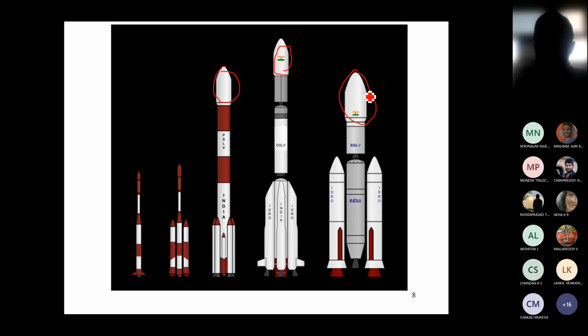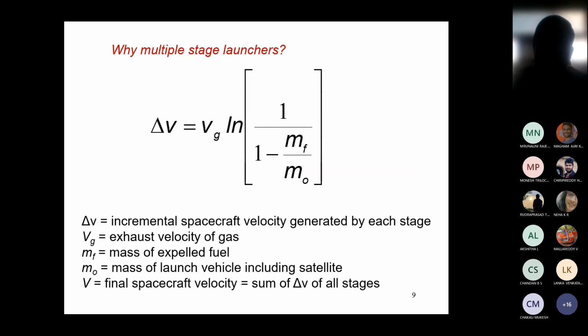So once the satellite is kept into the orbit, then those parts will be removed. Actually, the parts are not removed simultaneously at a single stage. No, it's not like that. The parts will be removed stage by stage. When the satellite goes from one stage to another, some part will be removed. Then in the next stage, some other parts will be removed. So it happens like this as the satellite moves stage by stage.